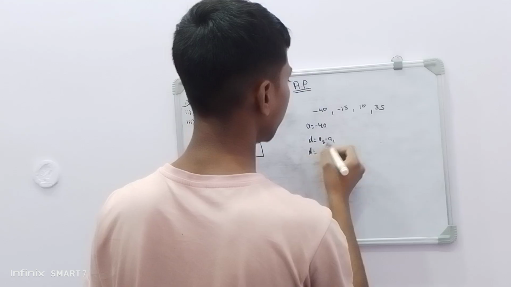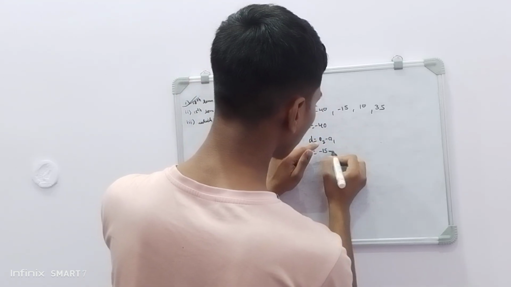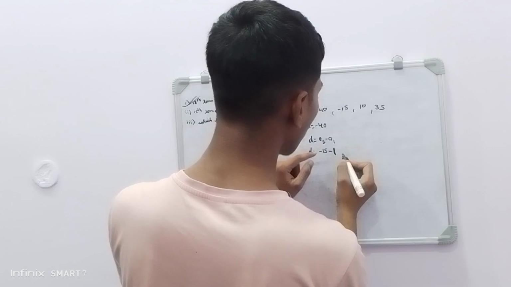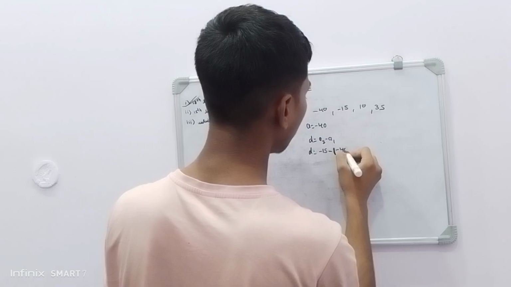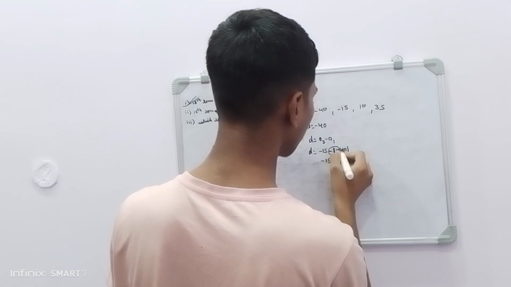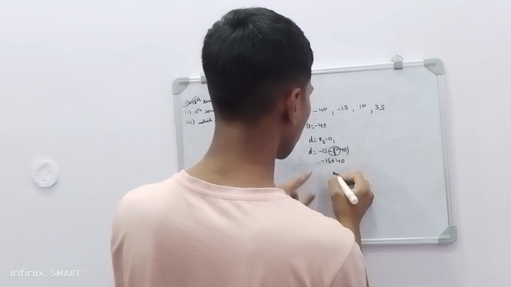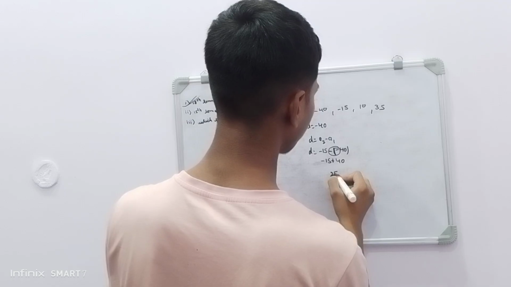In this case a2 is minus 15, minus the a1 which is minus 40. Minus into minus becomes plus, so minus 15 plus 40 becomes 25.